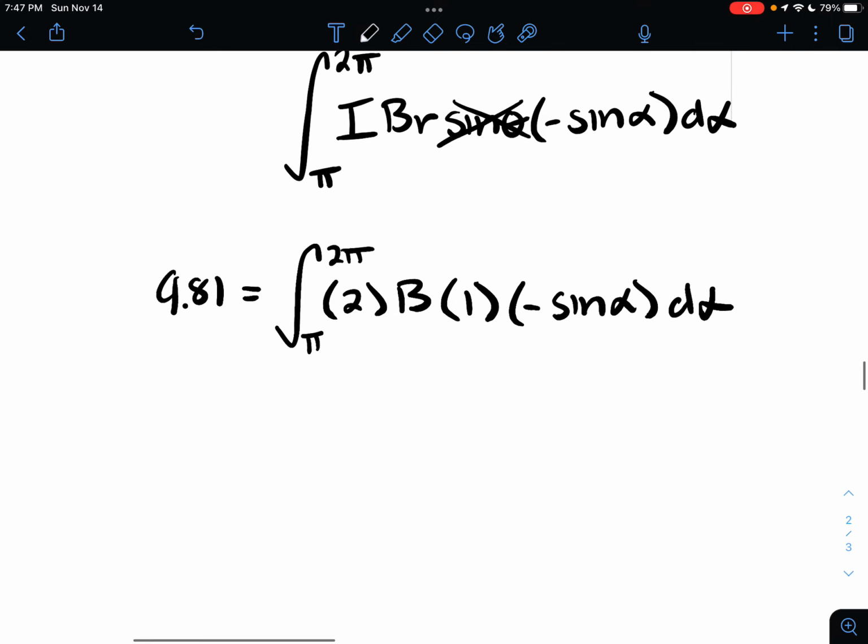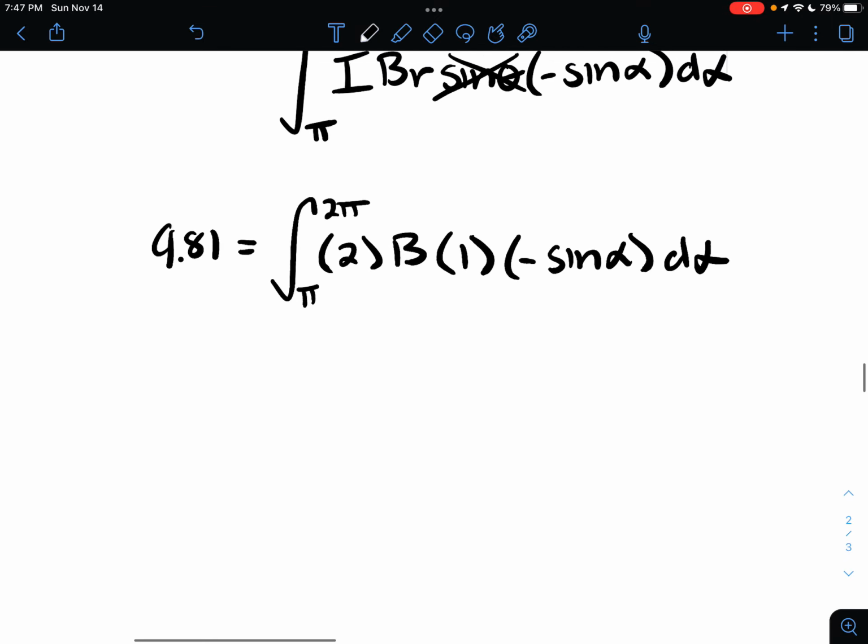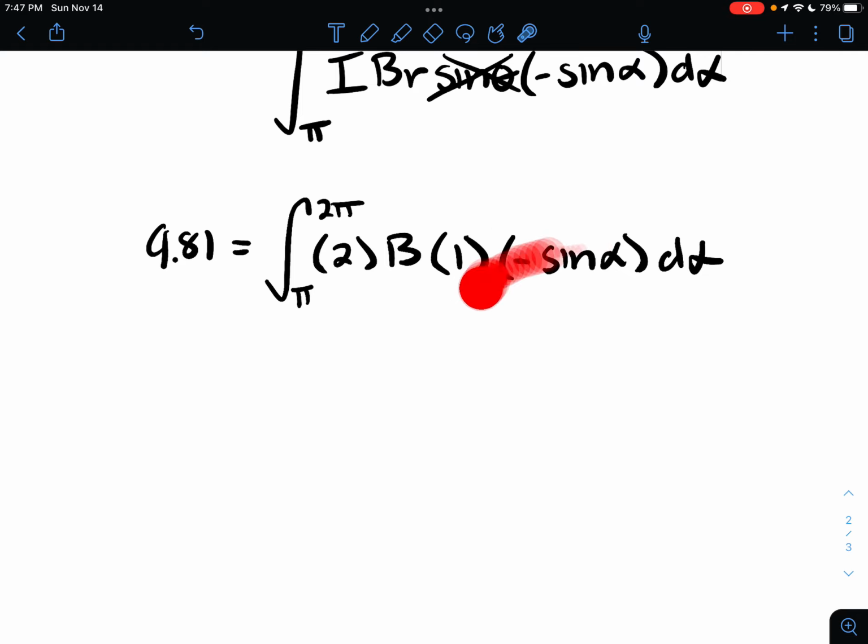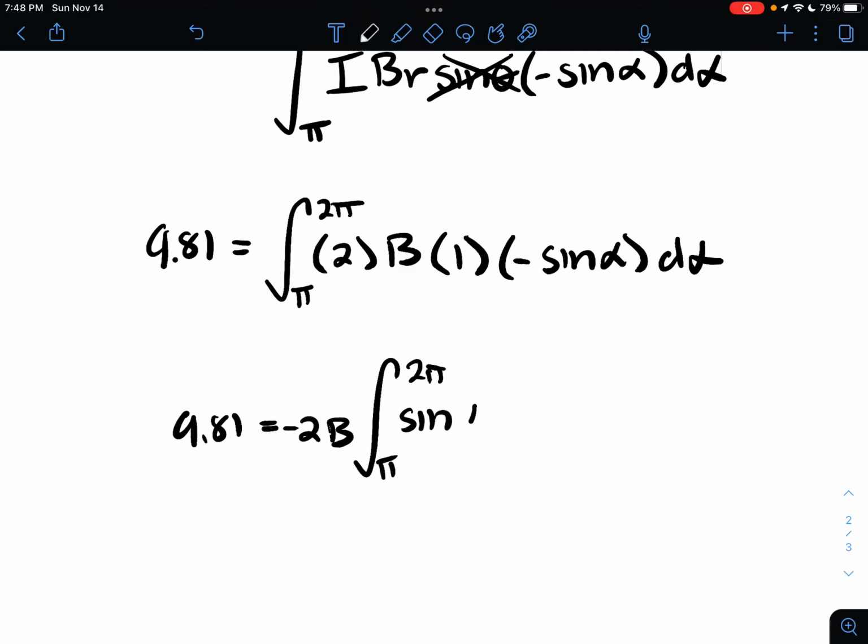Now we just integrate this. The only thing with an alpha in it is the sine, and all of these others are constants, so we can pull them out. So it's 9.81 equals negative 2B, integral from pi to 2 pi of sine alpha d alpha.